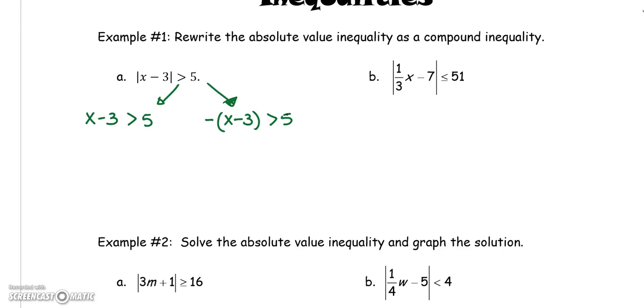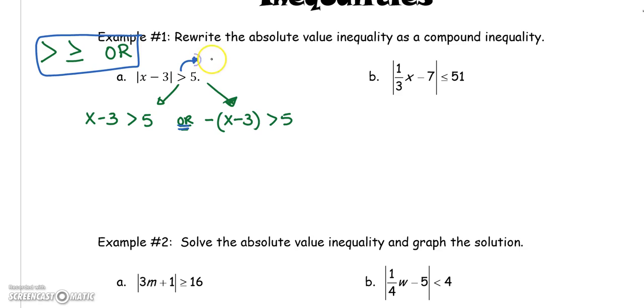Now, there are a couple things we have to identify with these types of problems. When there's a greater than or equal to symbol, these are called our OR problems, where we're going to have one solution or the other happening. In this case, we have to put a big OR between them because our original one is greater than.